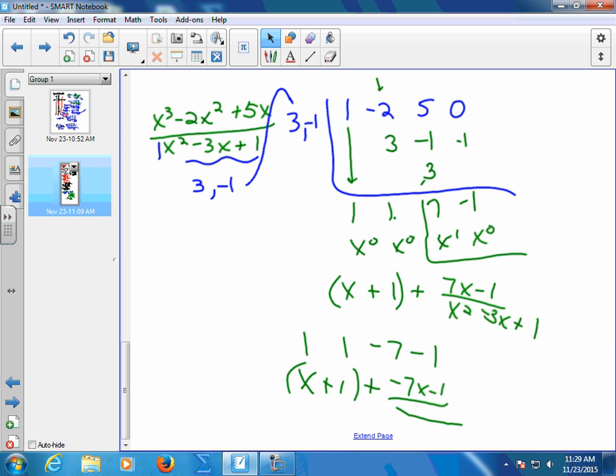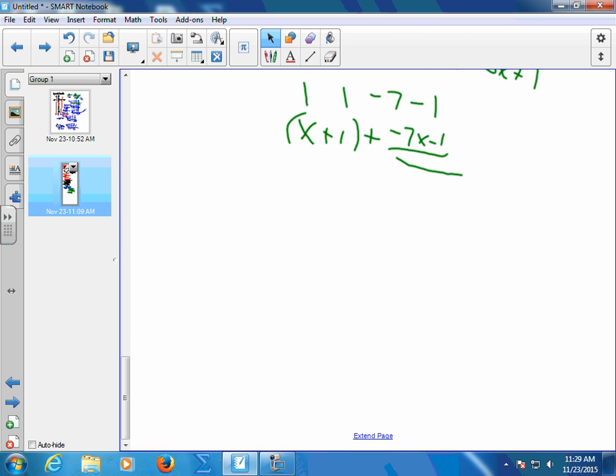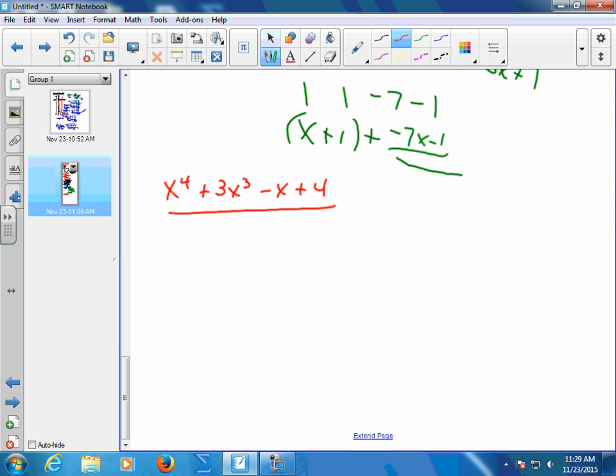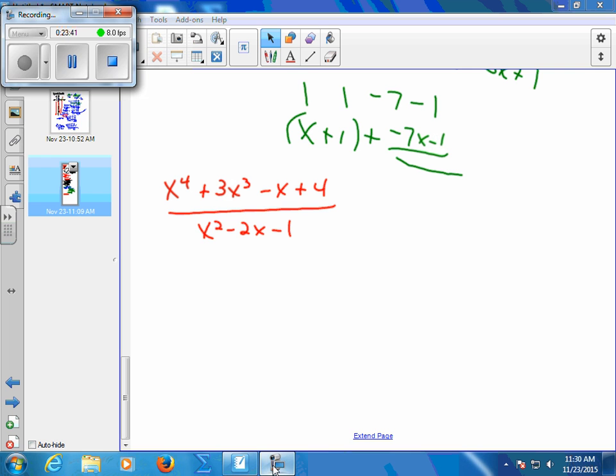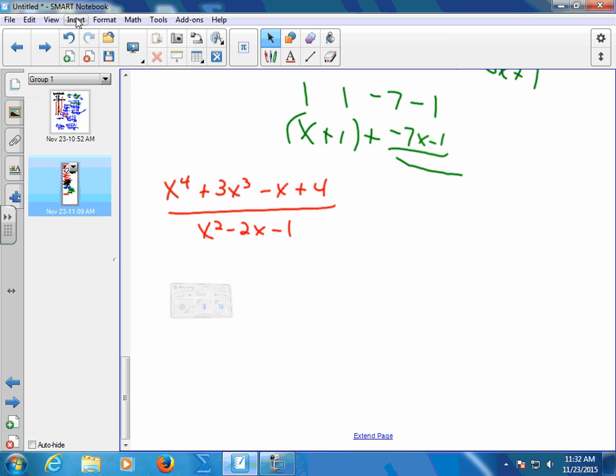Are we good with this? Want to try another divide? A double one? Okay, I'm going to have you guys do this. It's a little weird looking because I made it up, don't forget.